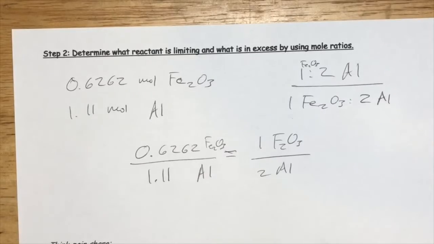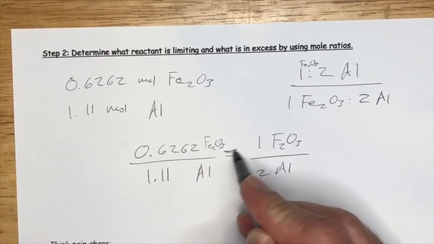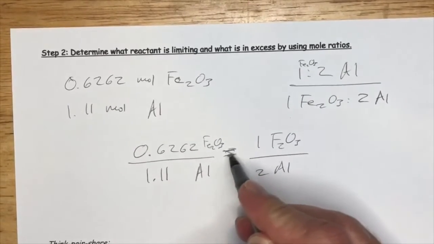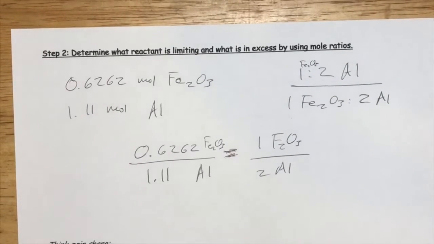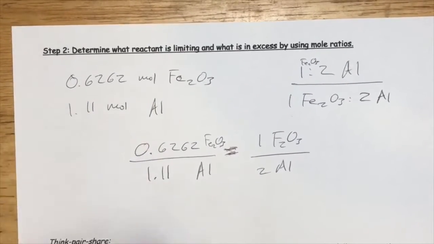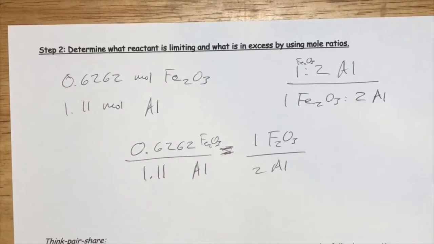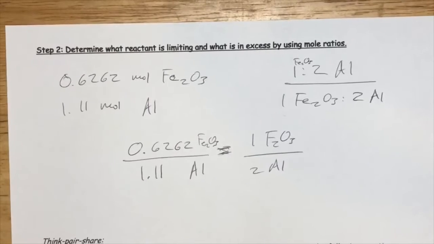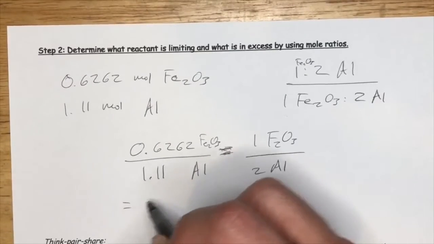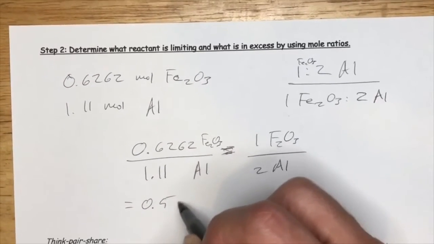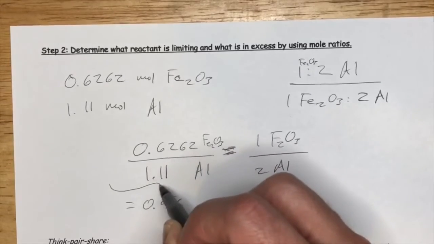But let's see if this actually is equal or is it not equal? Like we might say this is not equal. We'll have to see. So if we look at the math, 0.6262 divided by 1.11, we get 0.56, we divide these numbers.